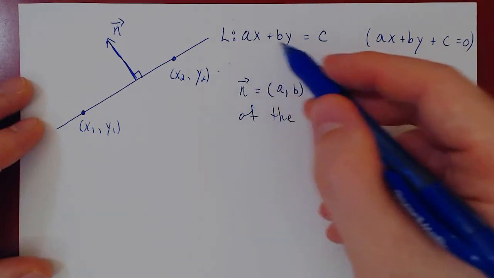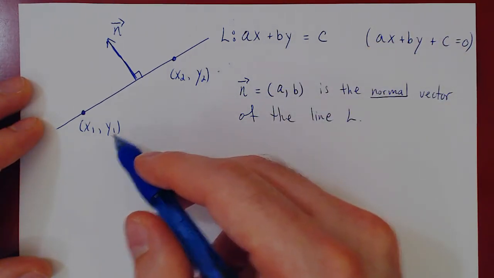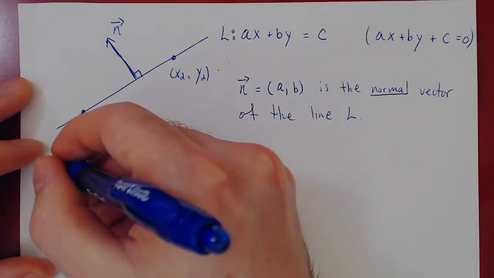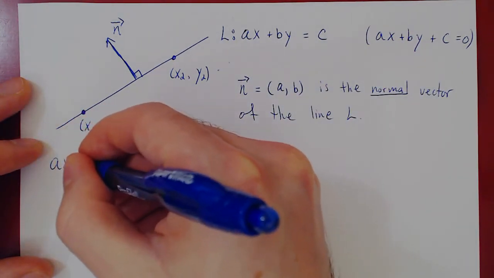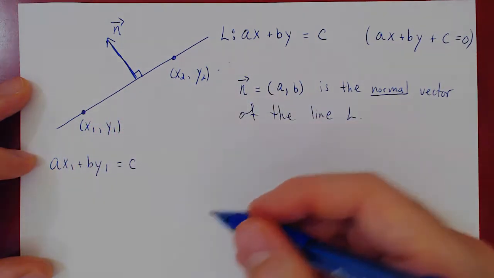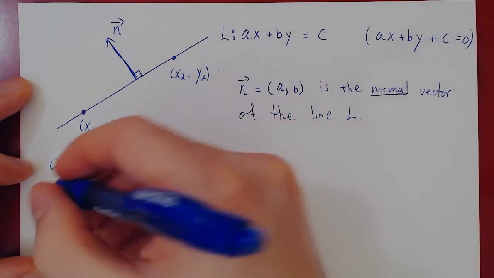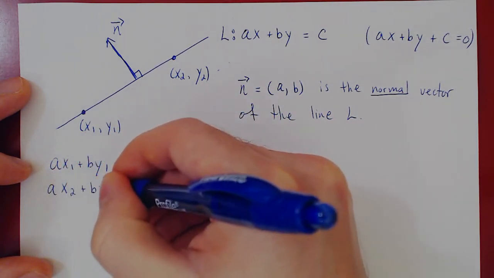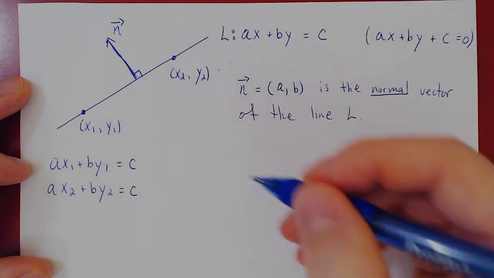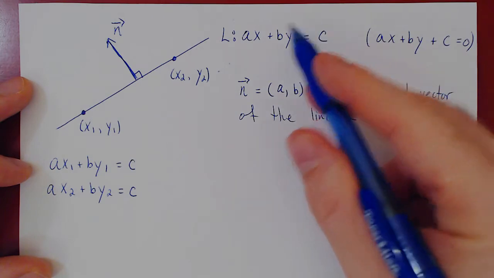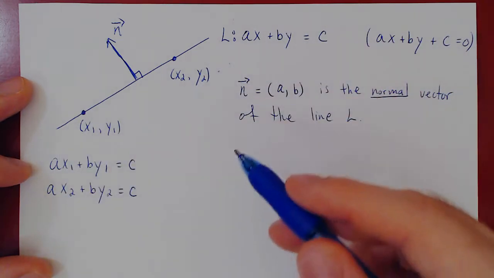Therefore, if we replace x and y by x1, y1 and x2, y2, the equation must be satisfied. So we know that a x1 plus b y1 is equal to c, and we know that a x2 plus b y2 is also equal to c, because both points are on the line. Therefore, both points are solutions to the equation that defines the line.